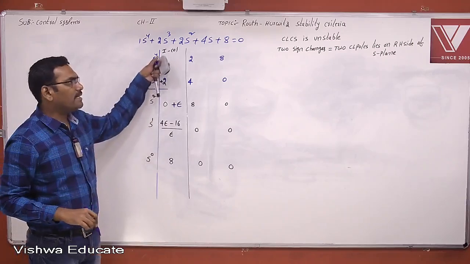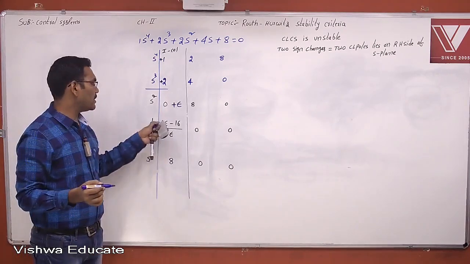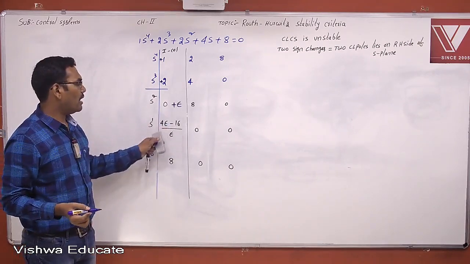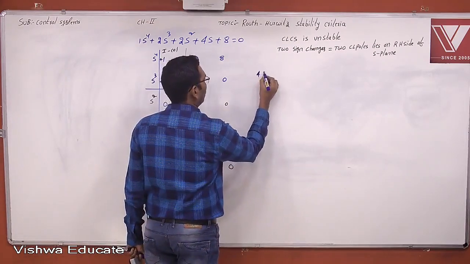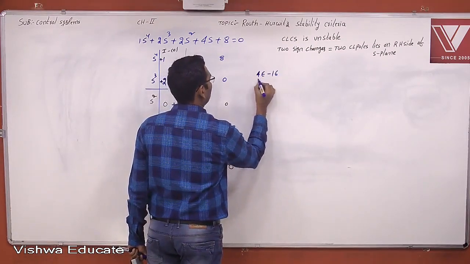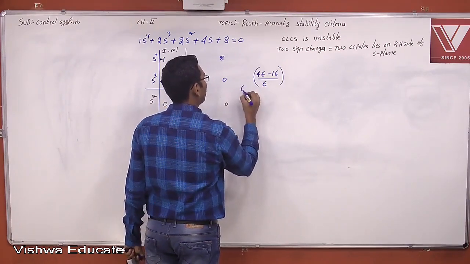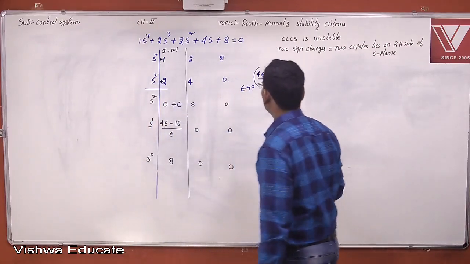Therefore, while deciding the system stability from the first column, you again replace epsilon with 0 and find whether it is a positive or negative value. 4 epsilon minus 16 by epsilon: identify whether this is positive or negative by letting epsilon tend to 0.